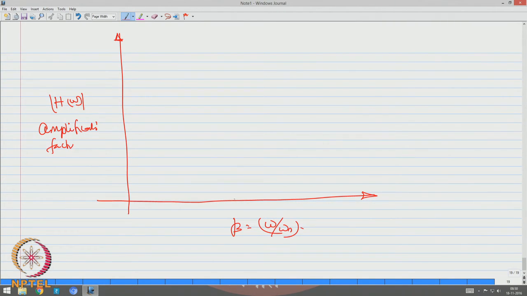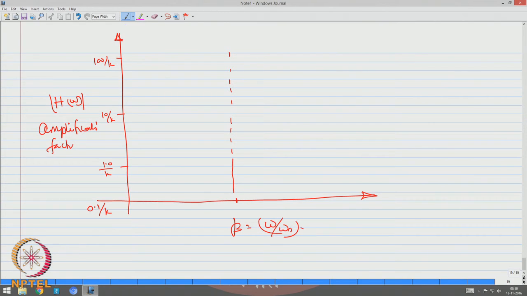If I try to plot this value at 1, that is a resonance, then these values are all, let us say, 0.1 by k. You remember h omega has a denominator of k. So, 1.0 by k, let us say 10 by k, let us say 100 by k.